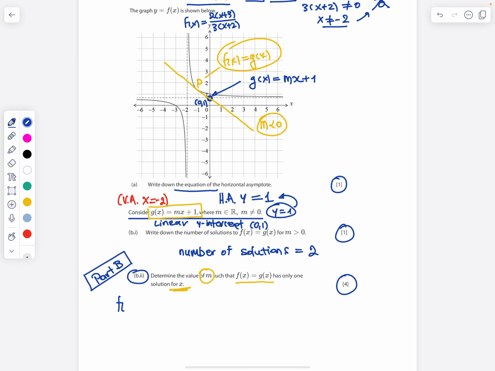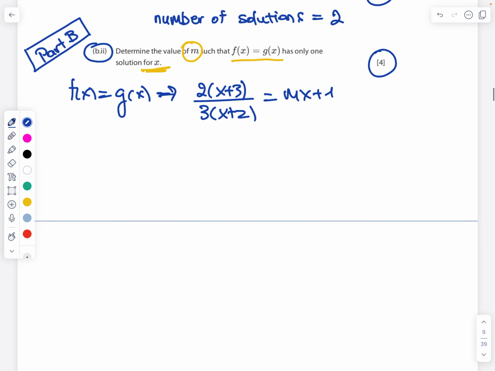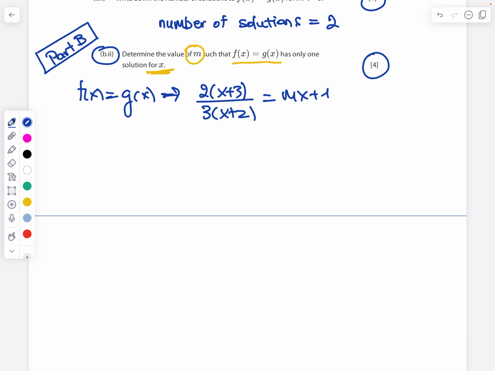Starting with f of x equal to g of x, that means 2 times x plus 3 over 3 times x plus 2 is equal to mx plus 1. Although it looks a little bit weird, we're going to try to work with that. By principle, we never work with rational equations. We always try to find a way to turn them into a straight line equation.